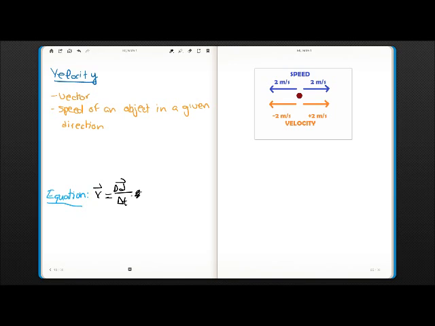It's sometimes hard to distinguish between speed and velocity, but with speed, whichever direction it is, you'll just say 2 meters per second, whether it's going right or left. Whereas in velocity, if it's going 2 meters per second to the right, you say it's positive, or if it's going to the left, it's negative. And you have to make a graph, so you can switch these around, but the symbols will switch as well.